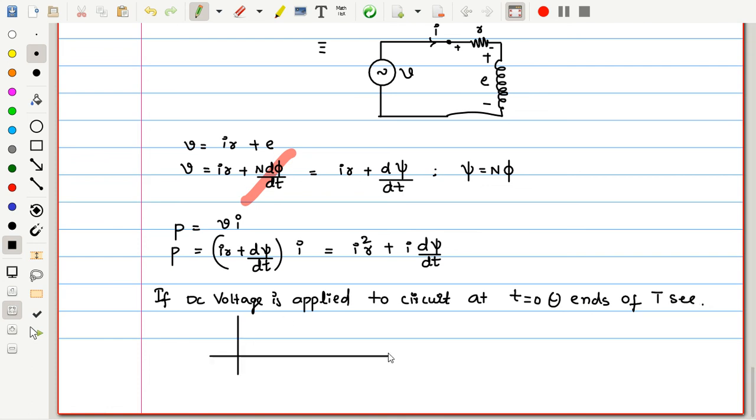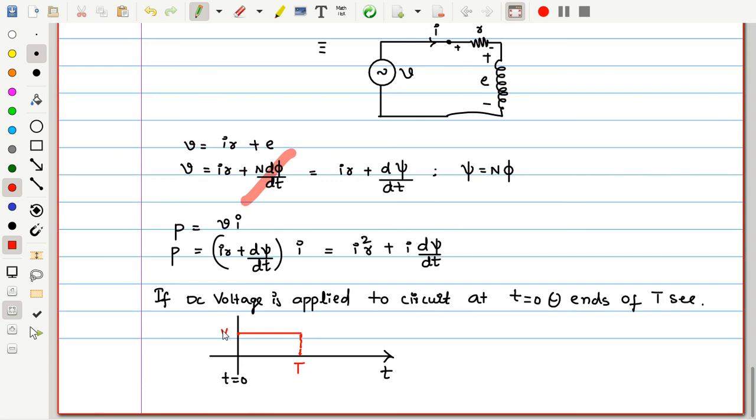If this is the time axis, I am applying it at the t equal to 0 instant, so the voltage will be constant here, and it will stay for a duration of t seconds. So this is a DC voltage, let us say V, applied to the circuit from t equal to 0 and ending at t seconds.